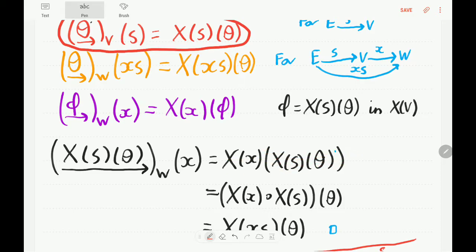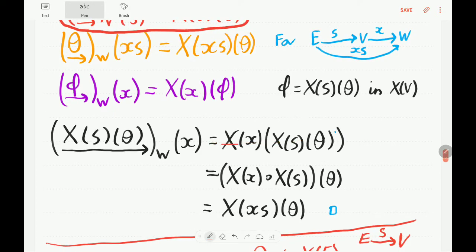Okay, but we can rewrite that. That's just the composition of X of little x after X of S operating on theta. And because capital X is a functor, we can rewrite this as capital X of little x after S operating on theta.